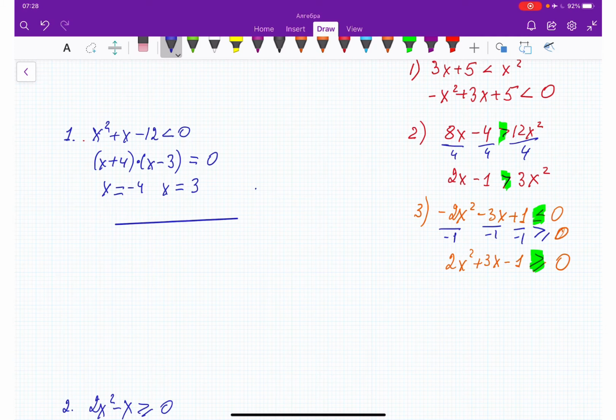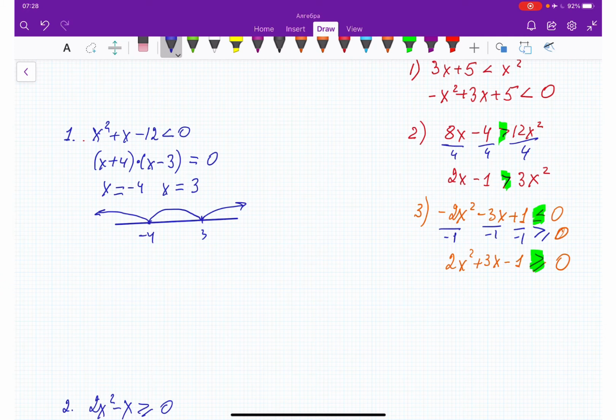For example, if I put this (x plus 4)(x minus 3) as an equation, practically I would have here negative 4 and here 3. And these two points would be the solution for the equation, period. But because we have an inequality, the solution can be less than negative 4. It can be between negative 4 and 3, or it can be greater than 3.